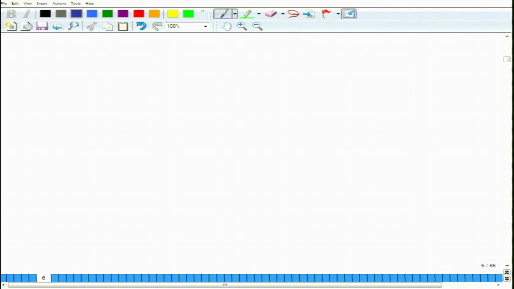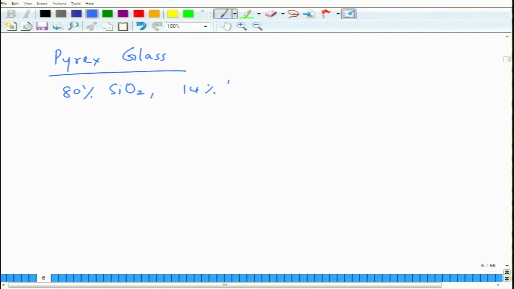So, there are some typical glass compositions which I will now list. First one is Pyrex glass, which is a very well known name that you might have heard of. This contains 80% silicon oxide, 14% boron oxide, and 4% Na2O, and it has a softening temperature of around 550 degrees centigrade.